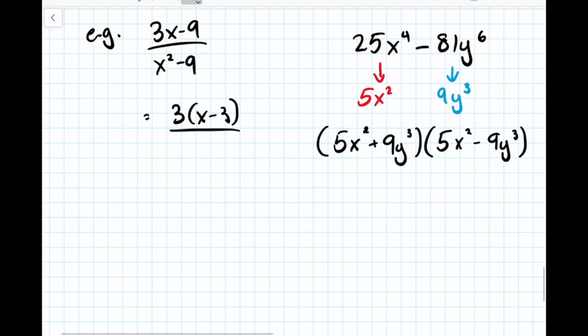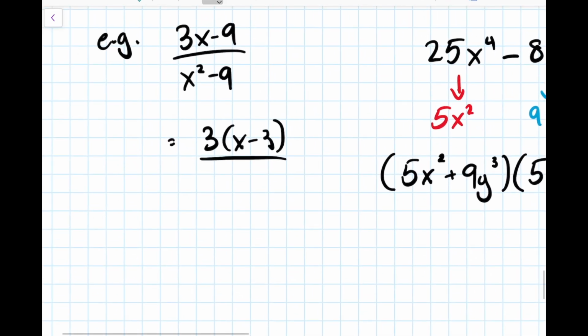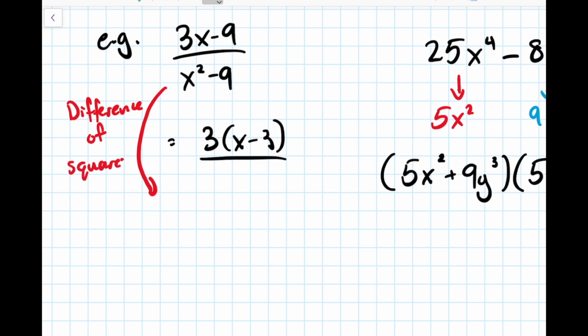And so you've got to notice and recognize differences of squares when they arise, because if you don't, you're just not going to be able to factor them. So in this case, that x squared minus 9 is a difference of squares. And so x squared is going to get us x, 9 is going to get us 3, so this is going to be x plus 3 times x minus 3.